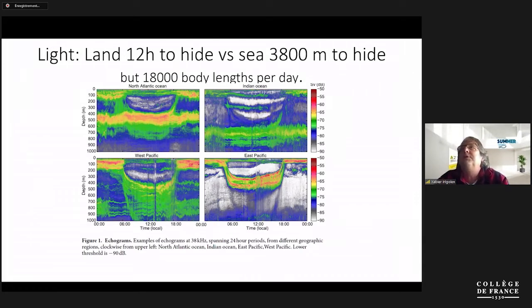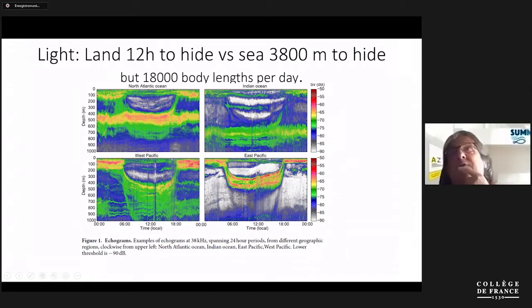Basically, this is acoustic data from a paper that we published on mesopelagic fish. What you can see is that, depending on the ocean and its productivity and the conditions, these fish will move from the surface. These are mesopelagic fish, about 4 or 5 centimeters long. They move from the surface all the way to 500 meters and come back to the surface at night.